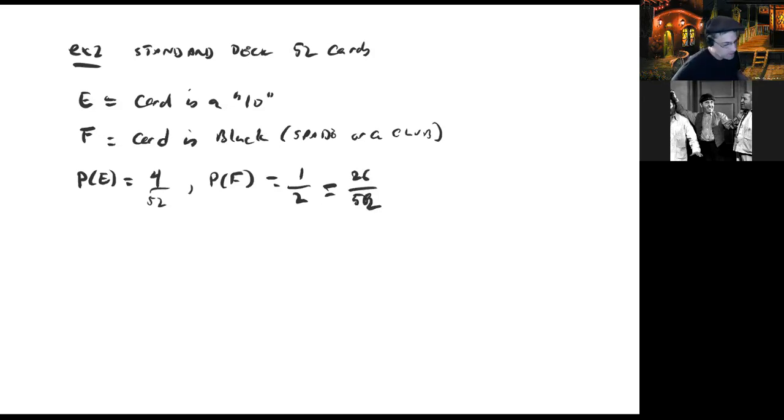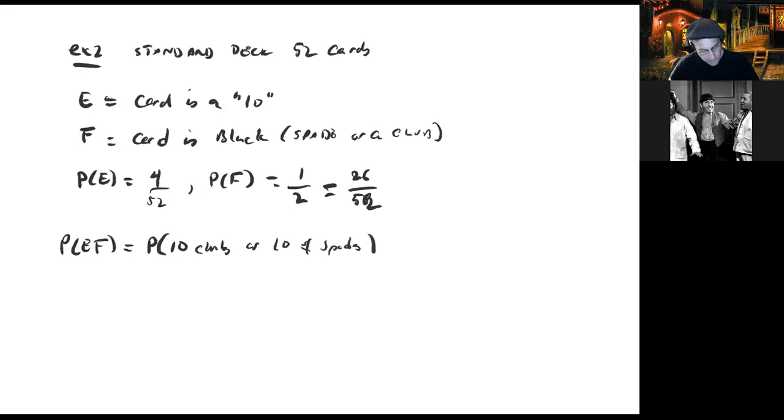Okay. Now, what is EF? That's the probability that the card that you've selected randomly from the deck is a 10 and is black. So that's the probability that it's the 10 of clubs or the 10 of spades. Now there are 2 such 10s in the deck, so it's 2 cards out of 52.